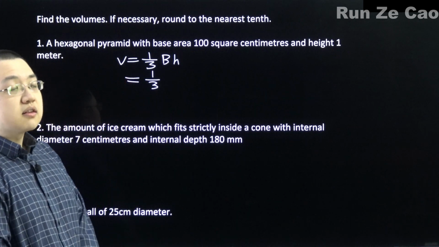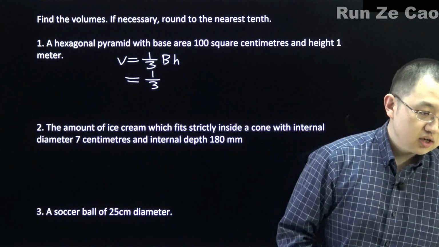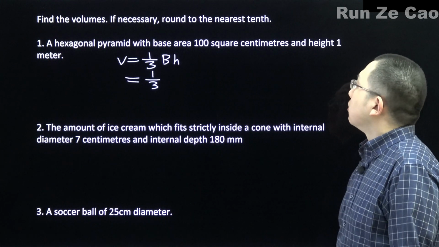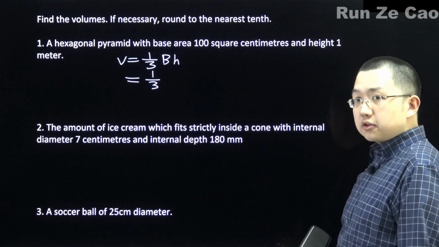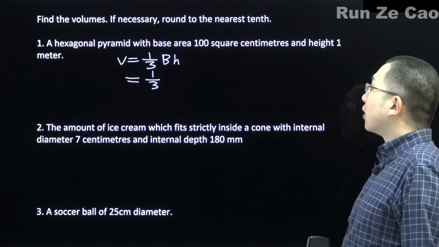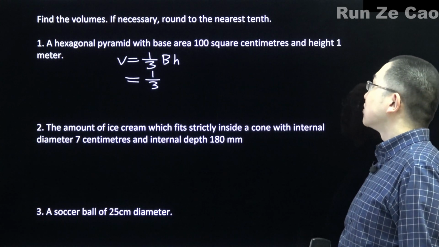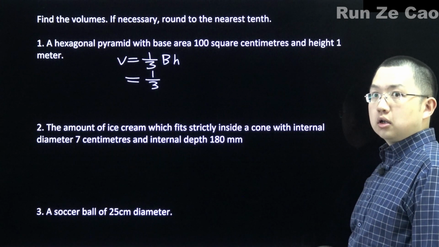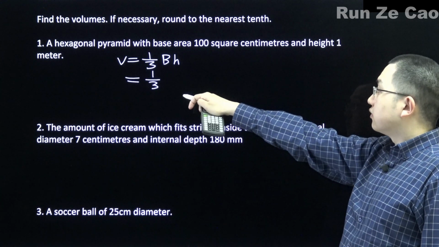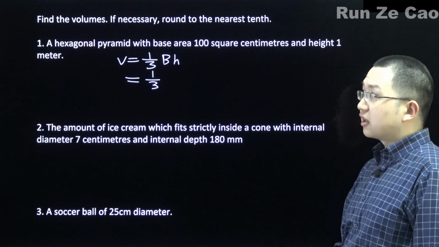Look, guys, this isn't science class where you actually have to use significant digits. Because if we went with cubic meters, this would be approximately 0. Because 100 square centimeters is not 1 square meter. A square meter is 100 centimeters by 100 centimeters, so it's 10,000 square centimeters. So this would be 0.01, and then divide by 3. And if we round that to the nearest tenth, we're going to get approximately 0.